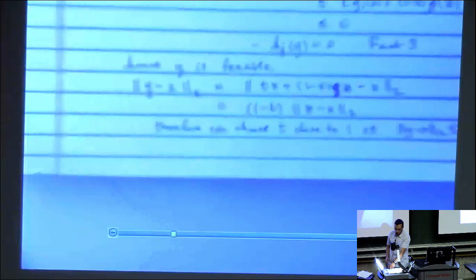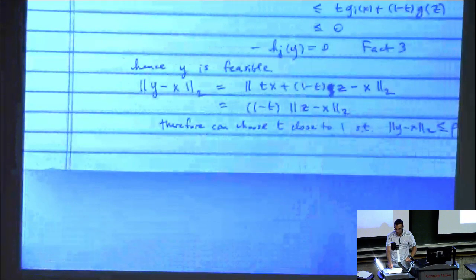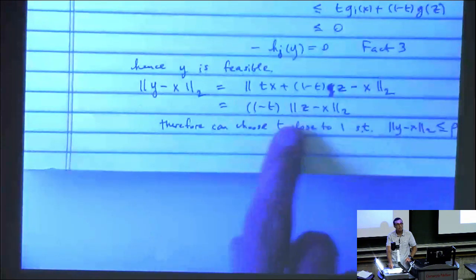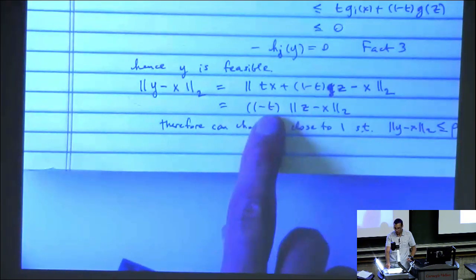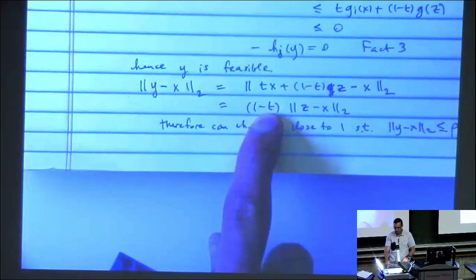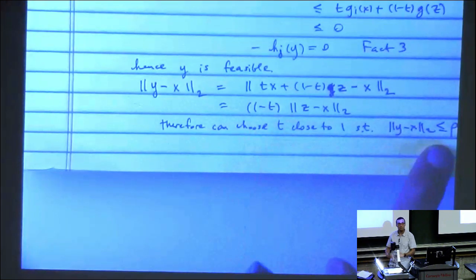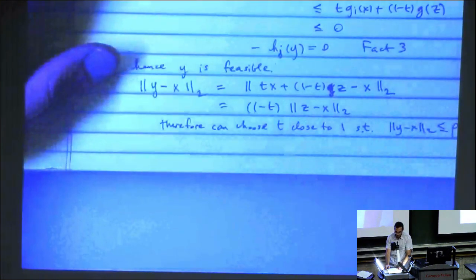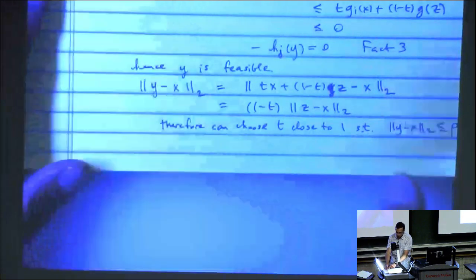Okay, because this is just something fixed. This is some fixed distance like r. I can make this arbitrarily small by taking t close to 1, but not equal to 1. So I can just take this very close to 1 and make this less than rho. Right? There's nothing stopping me from doing that.